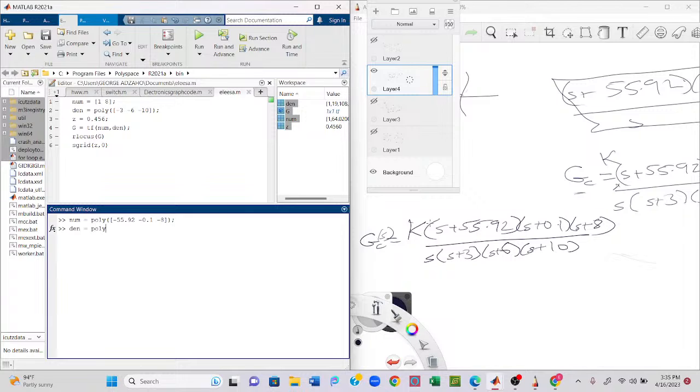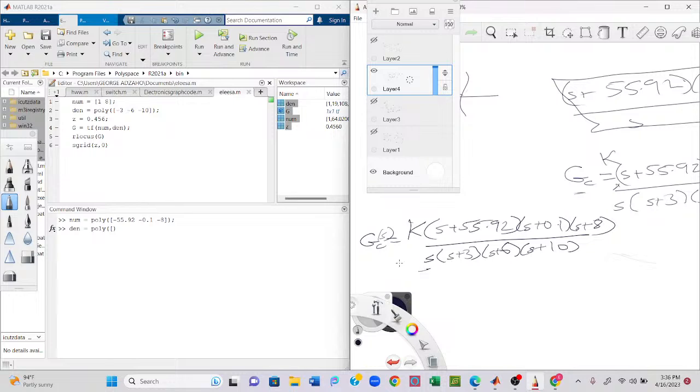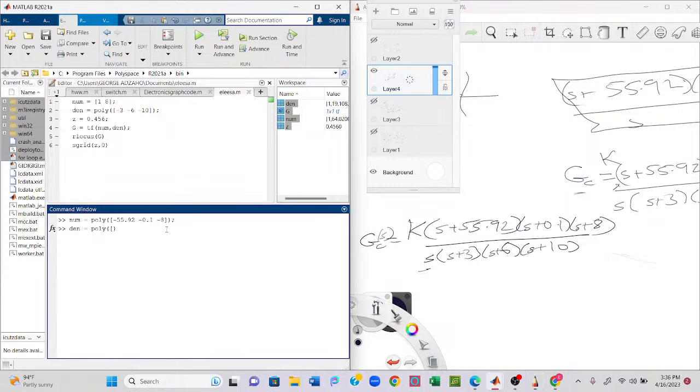Poly, the roots of this: s equal to 0, s equal to negative 3, s equal to negative 6, s equal to negative 10.